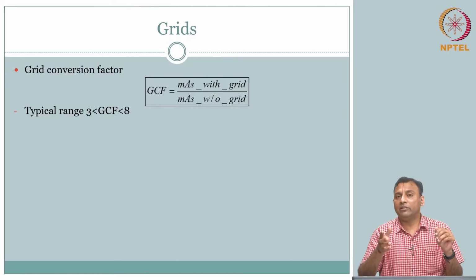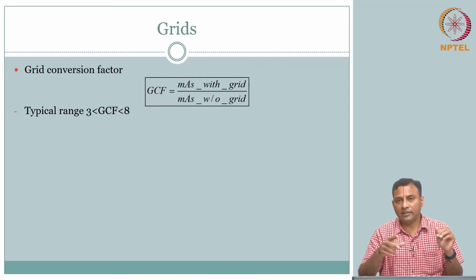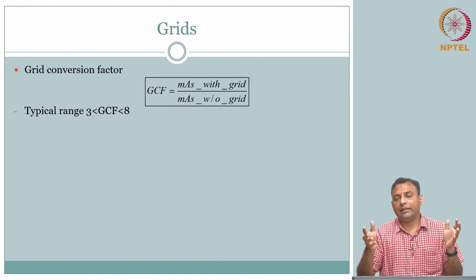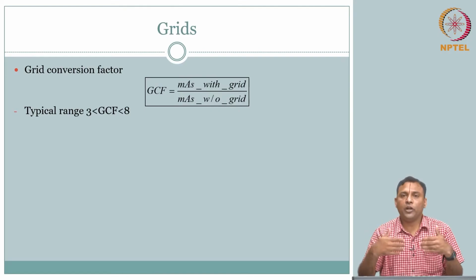So, another rule of thumb is, whenever you are operating the X-ray tube with greater than about 60 kilo electron volt peak, that time you want to introduce this grid.